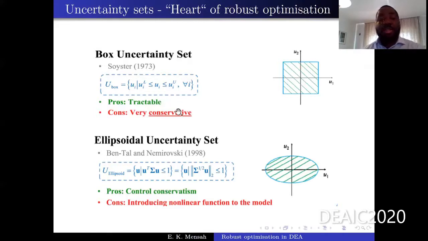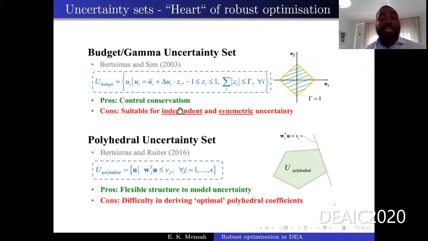We also have the budget or gamma uncertainty set, which was proposed in the literature by Bertsimas and Sim. And this uncertainty set also helps to control the conservatism of the robust model. The gamma uncertainty basically is a polyhedral set that encodes a budget of uncertainty in terms of a cardinality constraint.